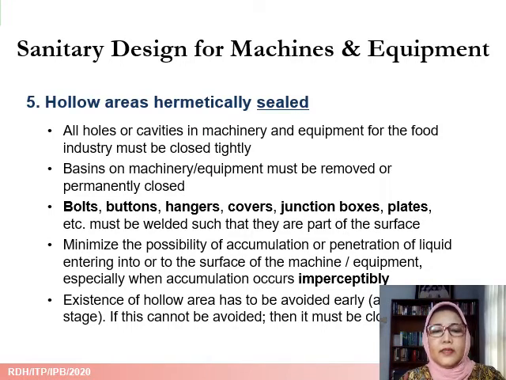Bolts, buttons, hangers, covers, junction boxes, plates, etc. must be welded such that they are part of the surface and minimize the possibility of accumulation or penetration of liquid entering into or onto the surface of the machine, especially when accumulation occurs imperceptibly. The existence of hollow areas has to be avoided early at the designing stage, and if this cannot be avoided, then it must be closed tightly.